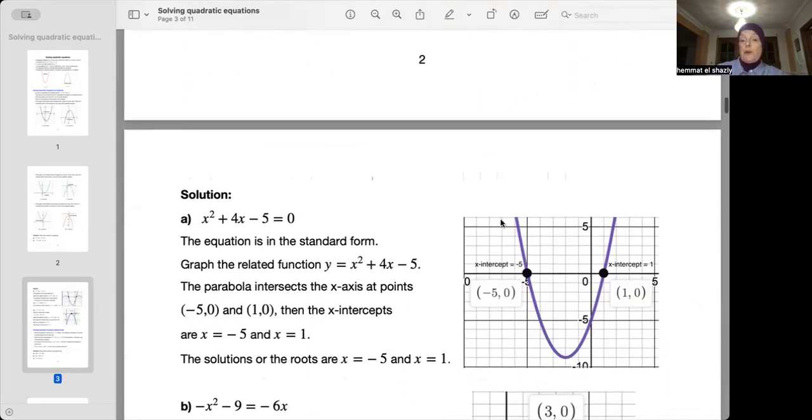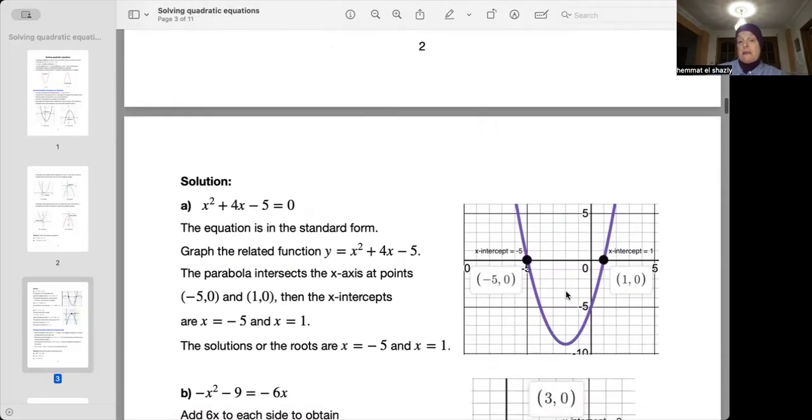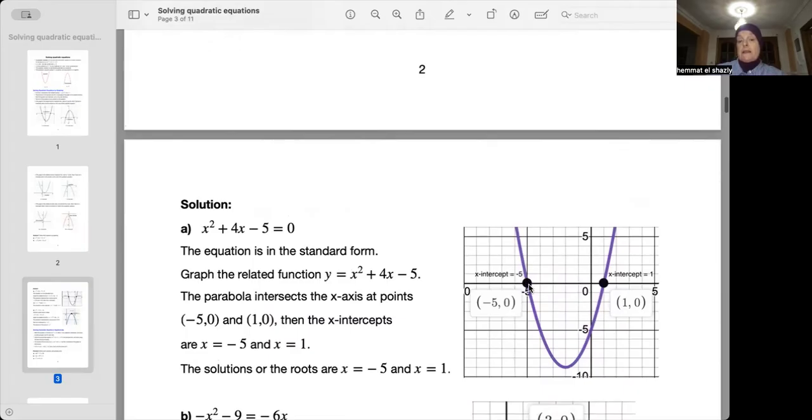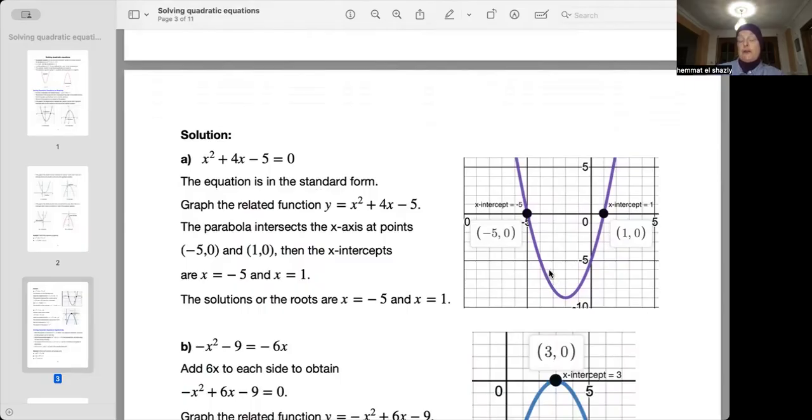When we draw the parabola, we find it intersects the x-axis at 2 points, (-5, 0) and (1, 0). The roots of this equation, the roots mean the value of x. This parabola intersects the x-axis at -5 and 1. Then this equation has two different real roots or two different real solutions at x = -5 and x = 1.